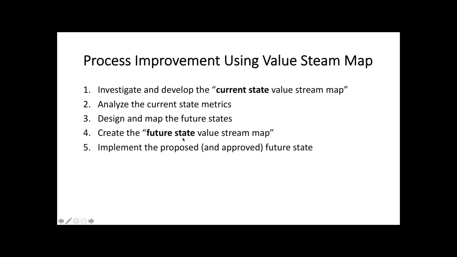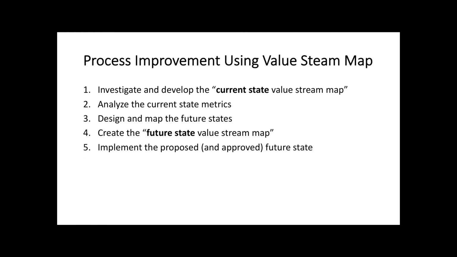And that future state map is basically the source of discussions and finally approval by your customer that yes, this is what we want, these improvements are fine, they are doable, that's what we want. And then finally you go ahead, get the approval and implement the proposed value stream.